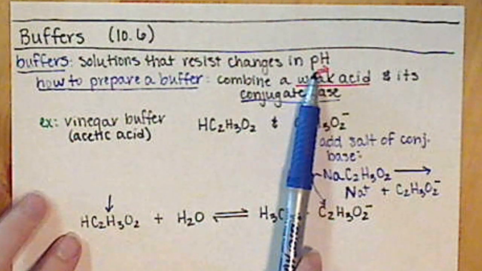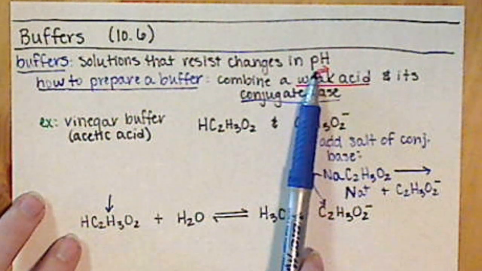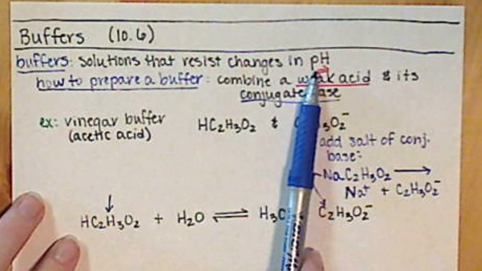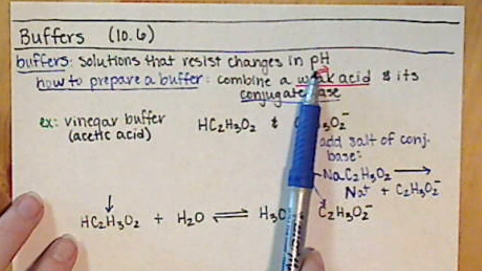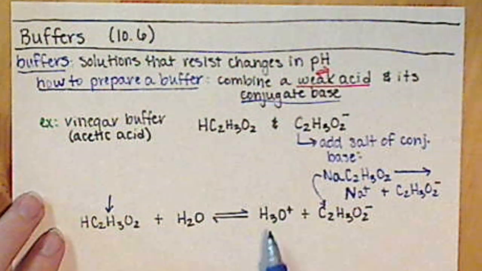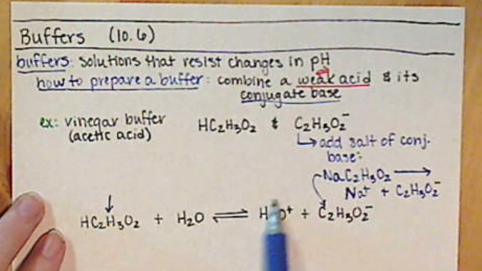Now recall from section 10.4, our pH is dependent upon the concentration of H3O plus. So our pH is dependent on what this concentration is.